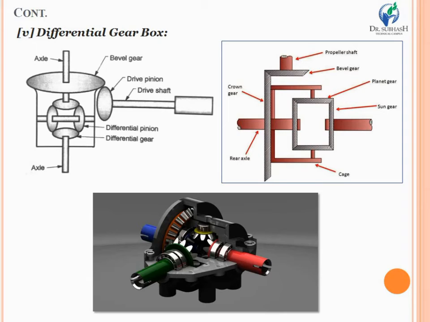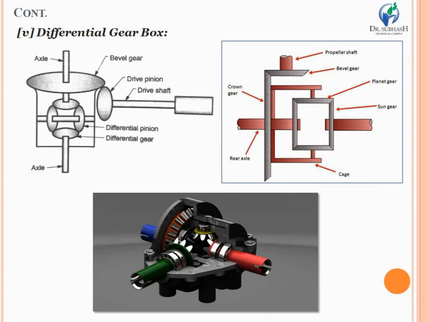So ultimately the basic purpose is not only to transmit the motion and torque, which is required in variation in magnitude for different periodic times, but the prime function of the differential gearbox is to cover a larger distance through the outer wheel as compared to the inner wheel whenever you are taking either a right turn or a left turn.